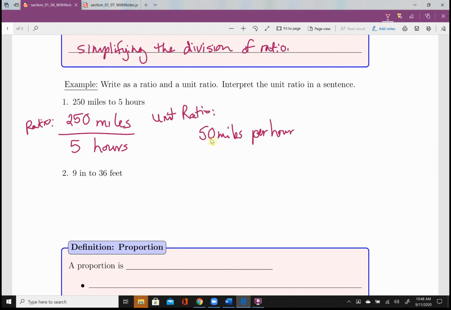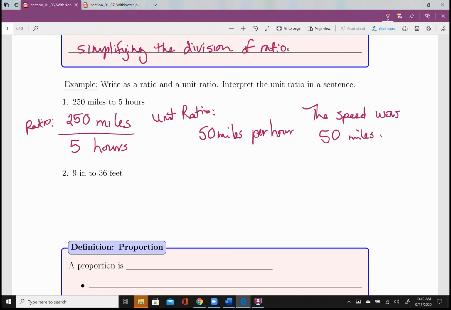And interpret the ratio in a sentence. I would say something to the effect of, the speed was 50 miles per hour.